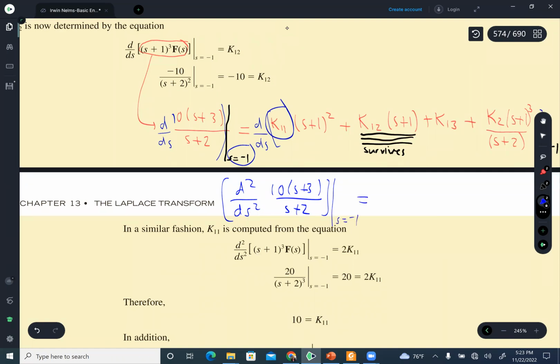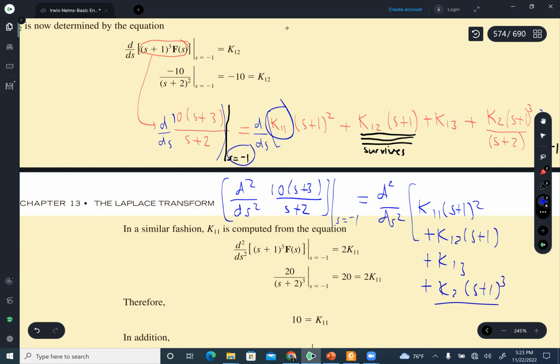And on the right-hand side, I'm going to do d squared/ds squared of all the stuff that I have here: K11 (s+1)^2 plus K12 (s+1) plus K13 plus K2 (s+1)^3 over (s+2). And then I substitute s = -1, right? So this over here is just a number.